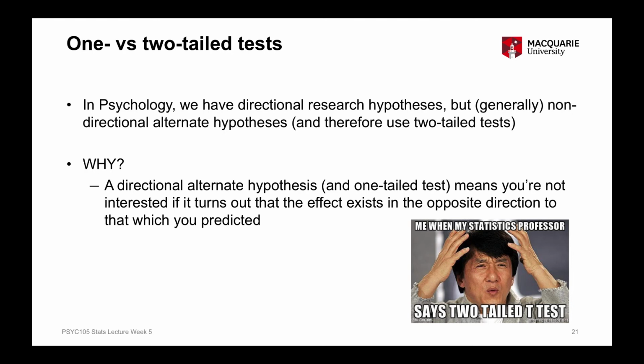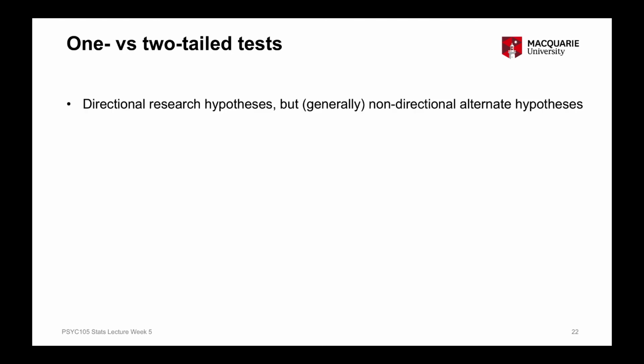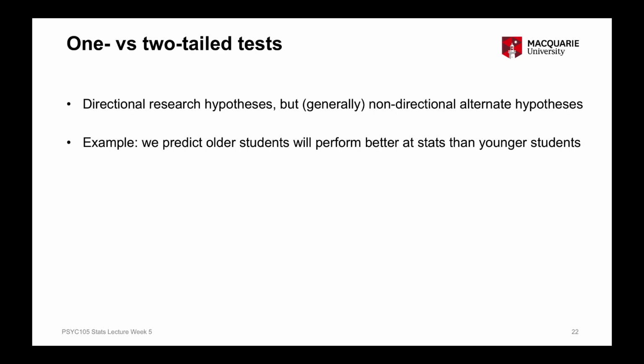Because of the process that we go through with statistical hypothesis testing, if we have a directional alternate hypothesis, we can't actually see if there's any evidence for an effect in the opposite direction to what we're predicting. To give you an example, let's say that we predicted that older students will perform better at statistics than younger students. Let's say that was our particular research hypothesis.